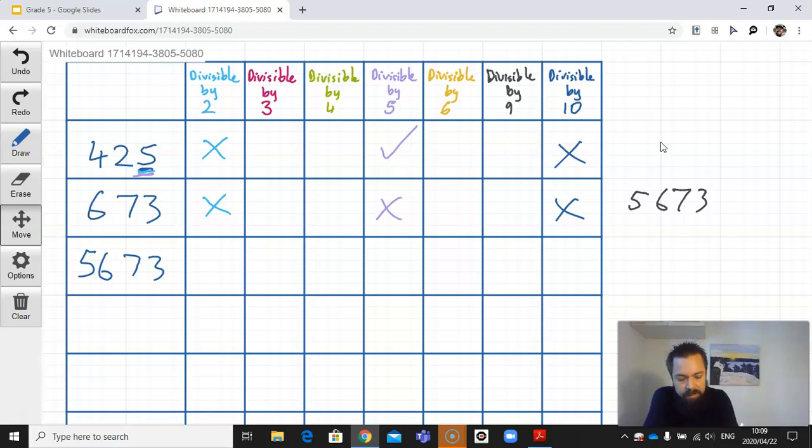So if you don't think it's divisible by 2, don't put it. If you do think it's divisible by 2, then you'll put the 2 there, and the 5, and the 10, depending on whether it is or isn't. So it's quite possible that you'll have nothing written down next to it, but maybe when we do the other divisibility rules, you'll find something.